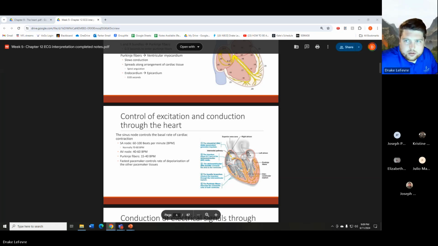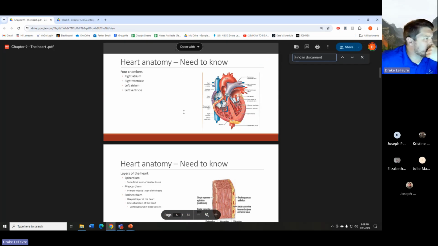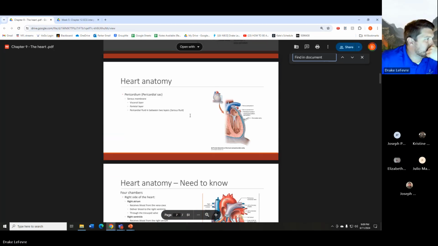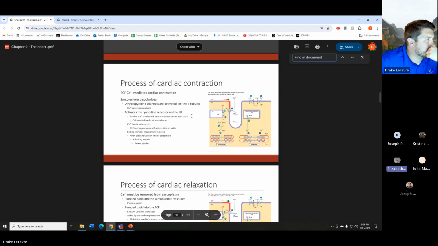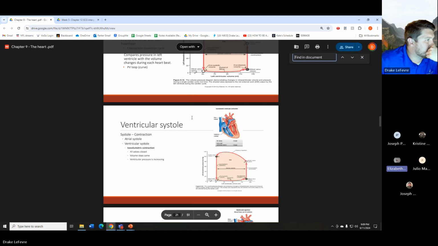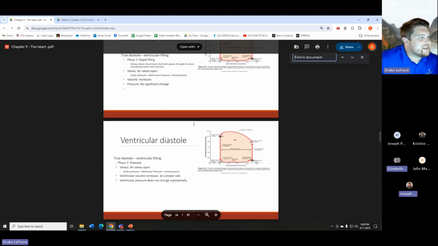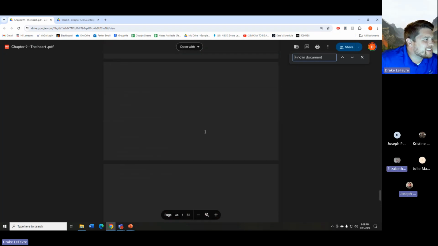So let me just quickly look through this. The heart. I don't know which one it's in. I'll have to pull it up and look at it. But the whole drawing the vectors and all that. I don't understand it. Mean electrical axis.